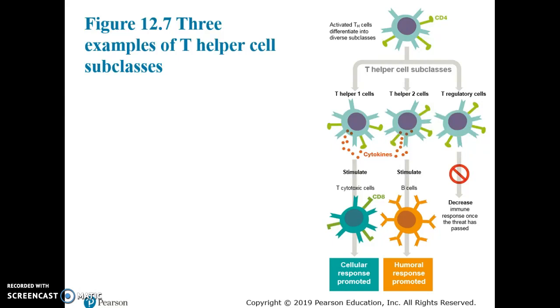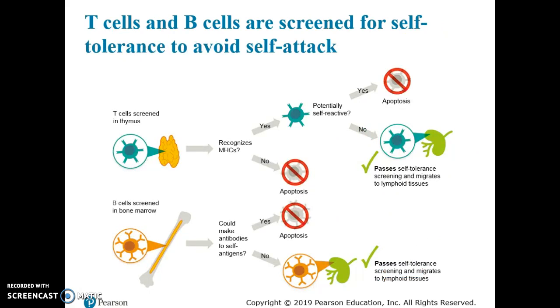With cytotoxic T cells, you want them to kill the virus-infected cells, but then once the virus-infected cells are dead, you don't want them to continue to kill good, healthy cells. So for that to happen, the T regulatory cells come in and down-regulate that response. If the T regulatory cells are not working properly, then you don't have a properly maintained immune response.